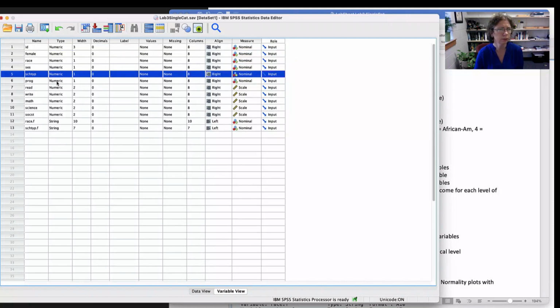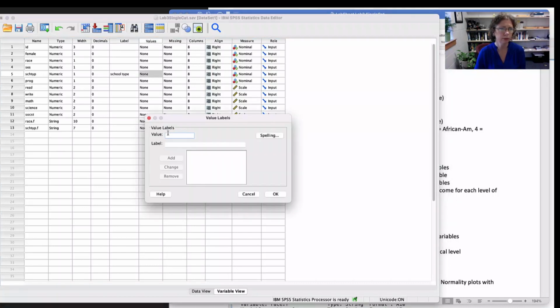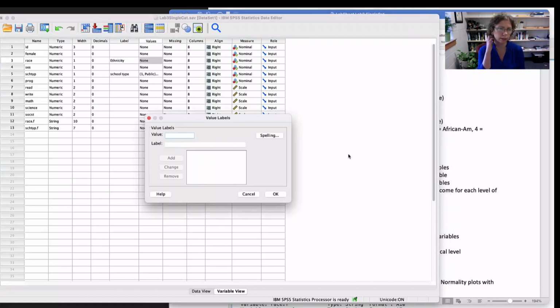So for school type, you come over, we can go ahead and put a label on there. And the values, 1 was public, add, and 2 was private. We'll add that one. And we need to do the same sort of thing for the race variable right here, ethnicity. And in values, you're going to add the values for the 4 areas.